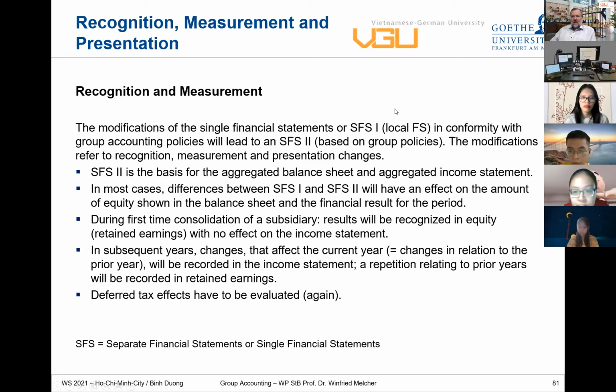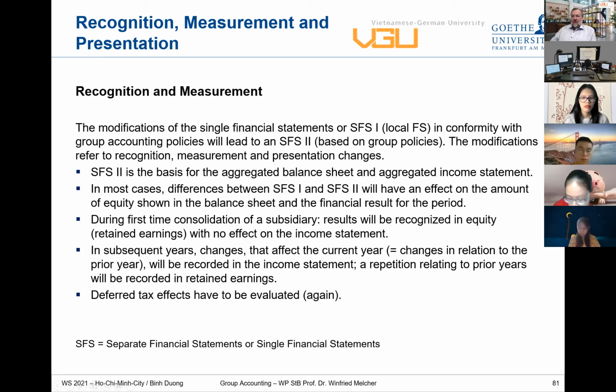So when we talk about SFS1 in practice, we call those the local financial statements. They are based on local GAAP, they are based on local currency. When we're talking about the package or single financial statements number two, those are based on group policies. They are based on the reporting currency that the group is using.